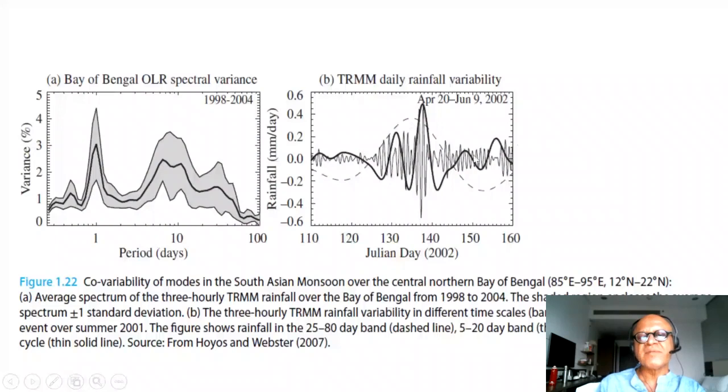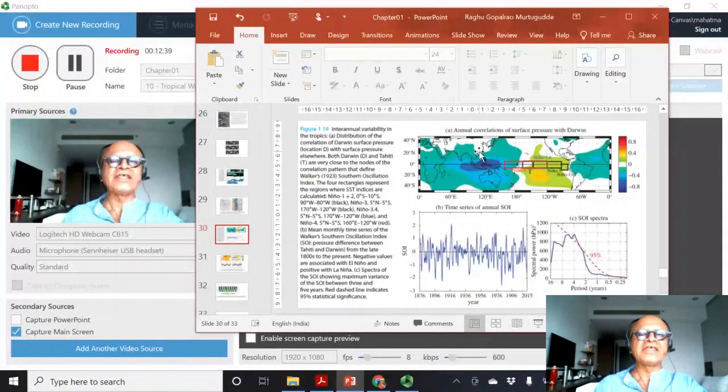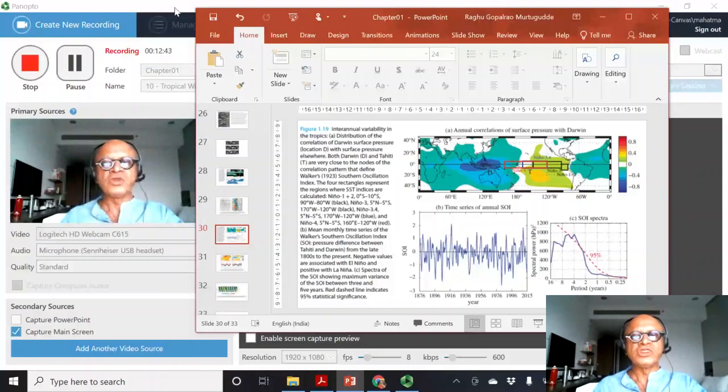So this is basically a point that the high frequencies themselves are modulated by low frequencies. There are waves within waves, as we will see, with westward propagating features within eastward propagating envelopes that occur, and there are very interesting dynamics associated with those that we have to understand.